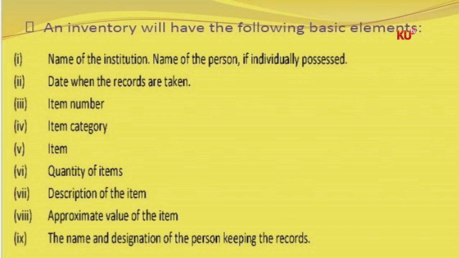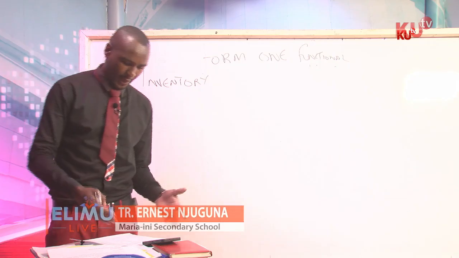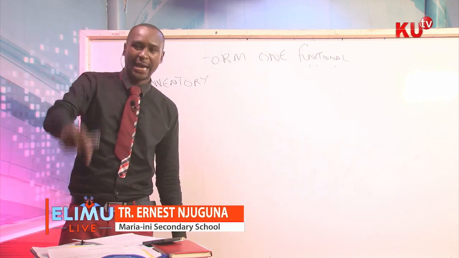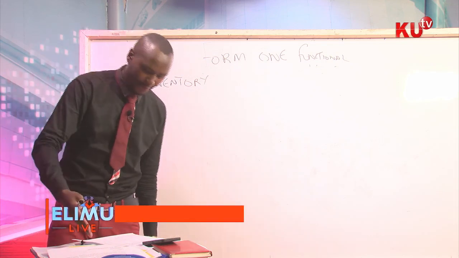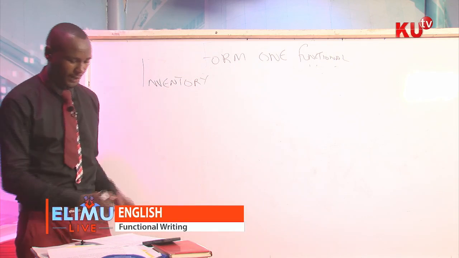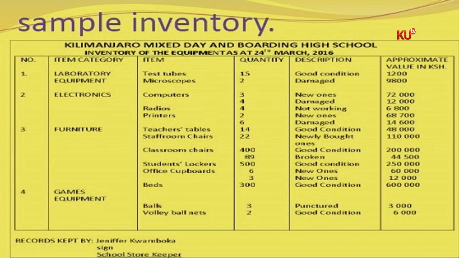Okay, thank you. The name and the designation of the person. So when you have your inventory of the equipment as at, now you put today's date, then you come to the number, the item category, the item. Thank you. We have the sample there.